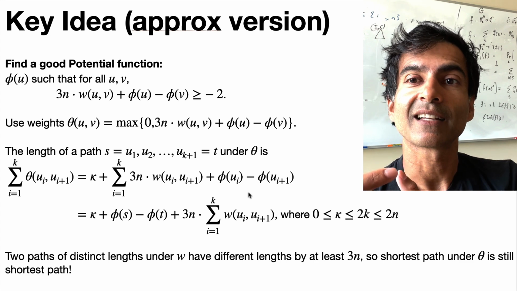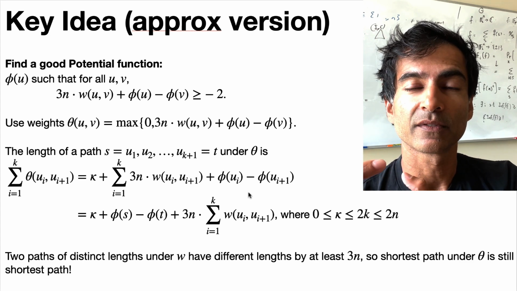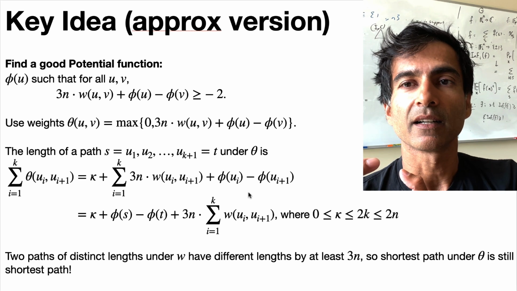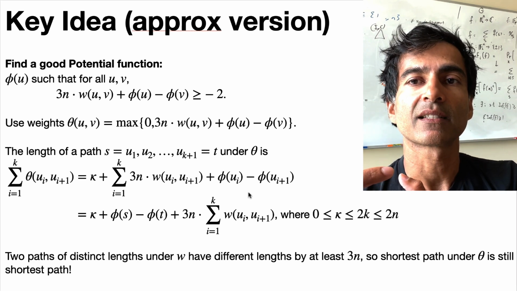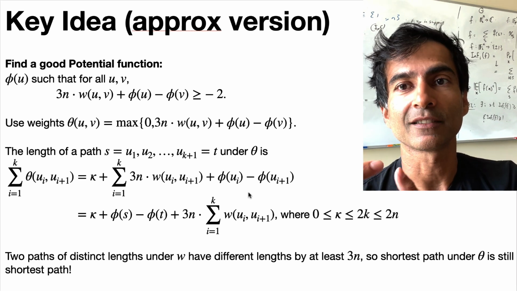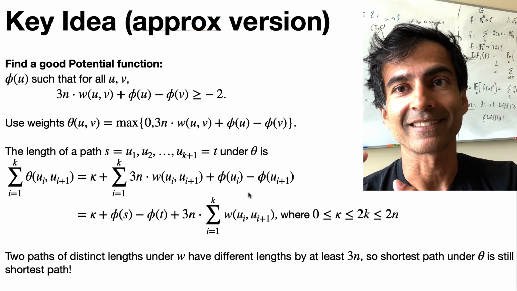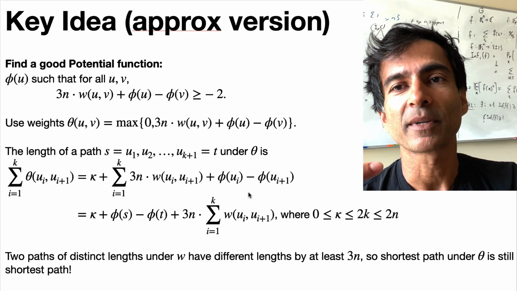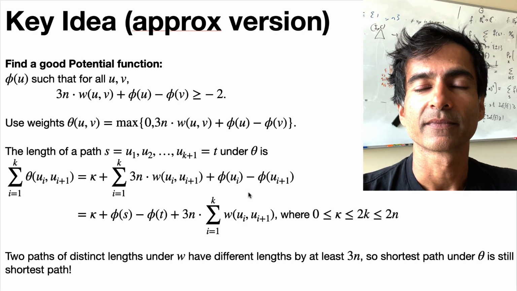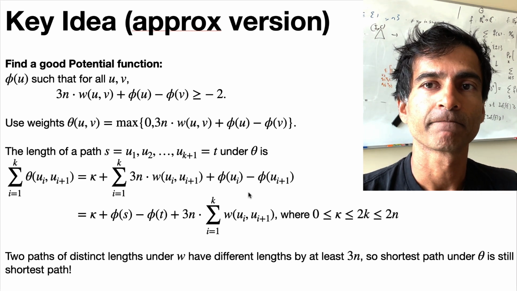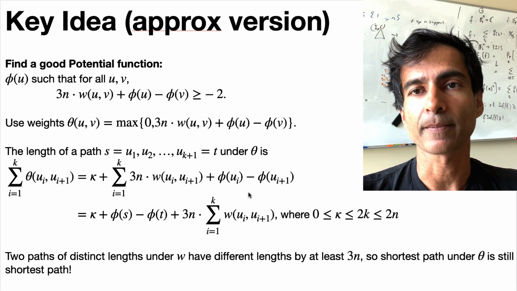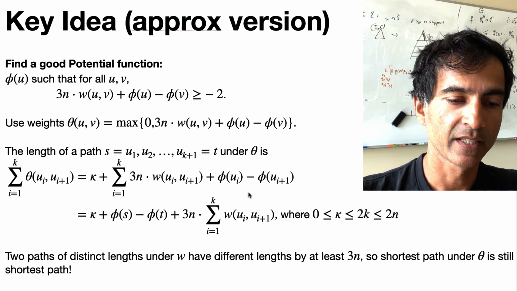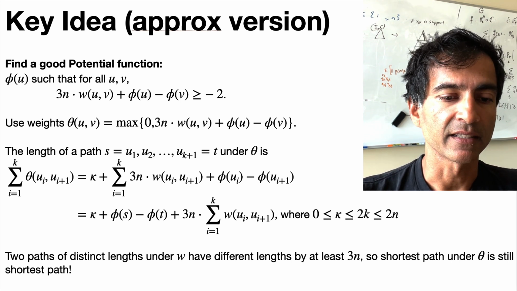But because their lengths were distinct under W, meaning that they differed by at least 1, once you multiply the edge weights of W by 3n, they differ by 3n. So the shorter one cannot become longer than the longer one under theta. So it's still good enough to compute the shortest paths under theta. That's a nice idea.